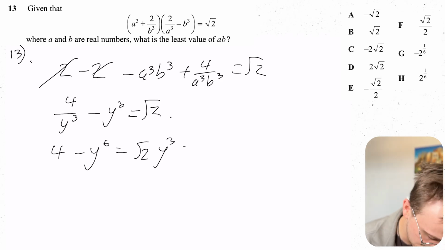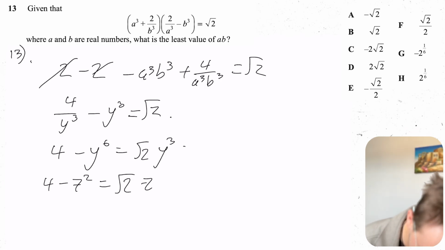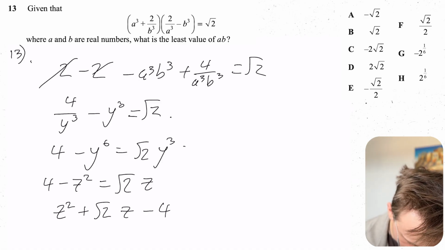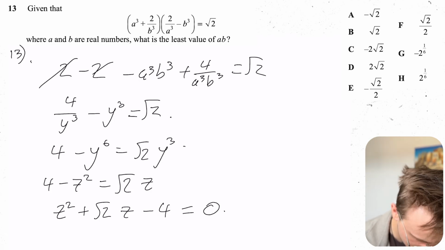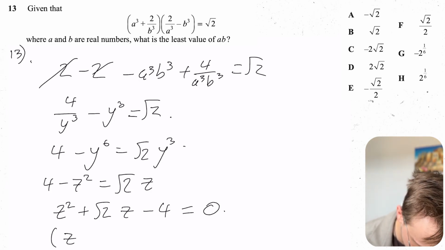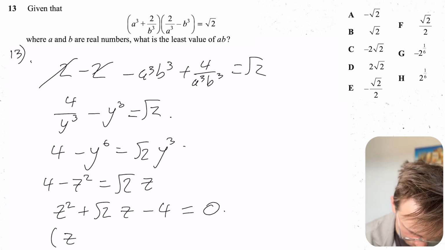And, oh, it's just a hidden quadratic. Hopefully this works. 4 minus z squared equals root 2 z. So z squared plus root 2 z minus 4, I just need to be careful with that, equals 0. And then, can I do this easily? z minus root 2.